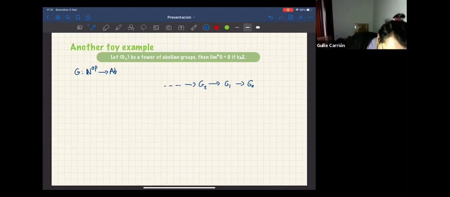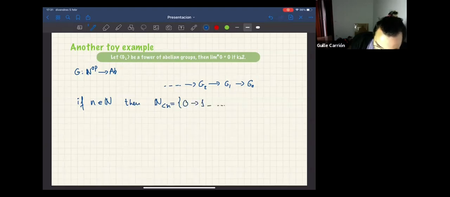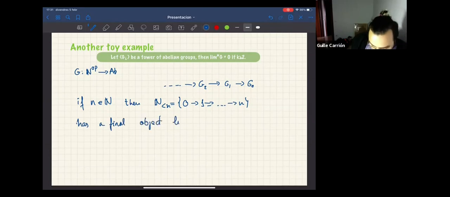Of course, if n is a natural number, then this category is just 0, 1, ..., n, and this has a final object. Then this limit is 0 if i is greater than or equal to 1.